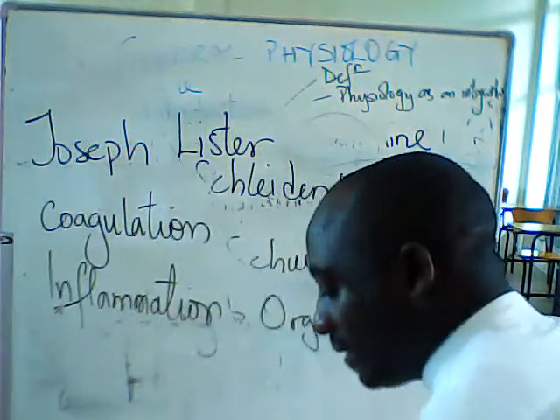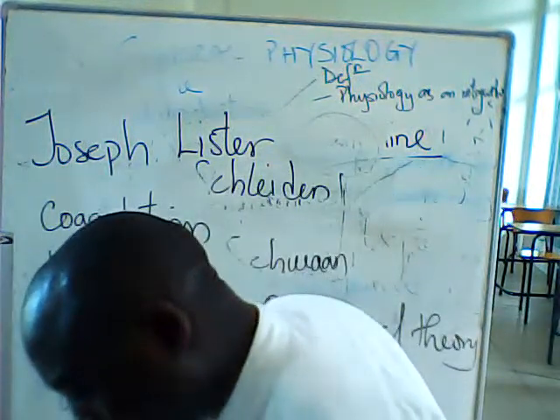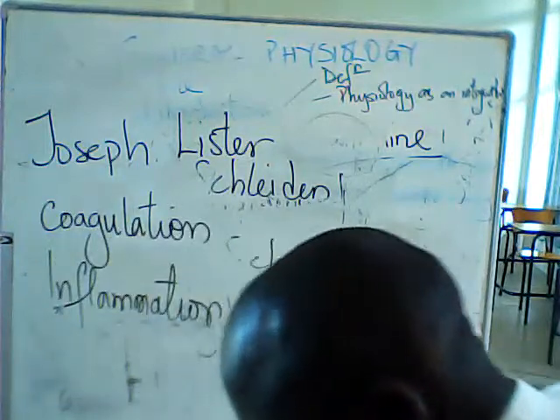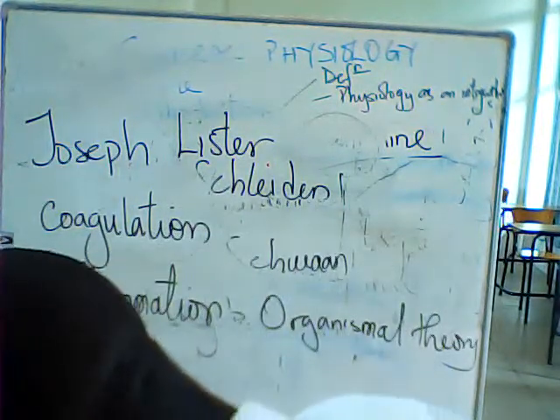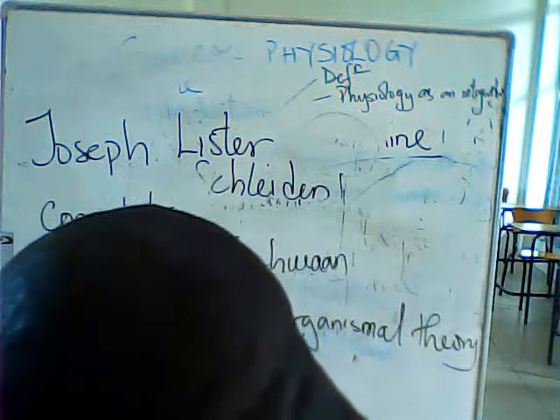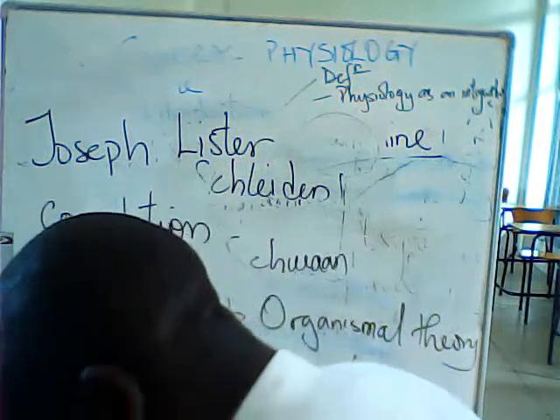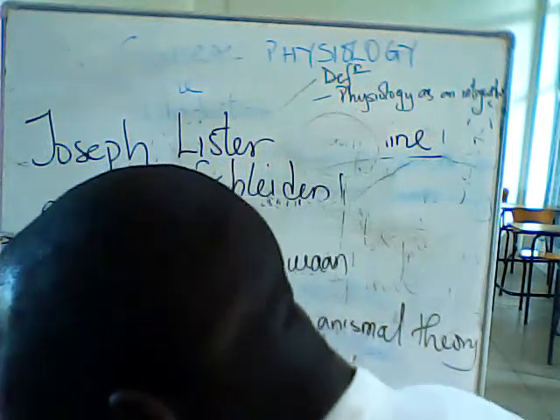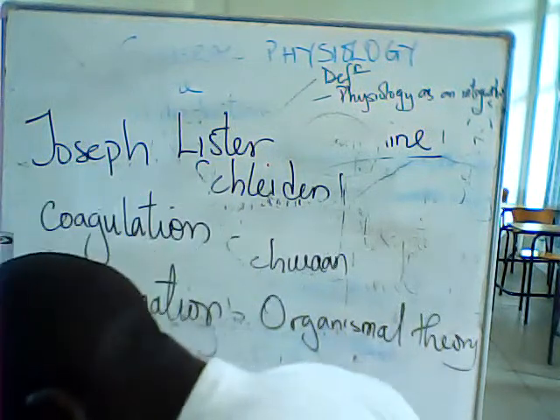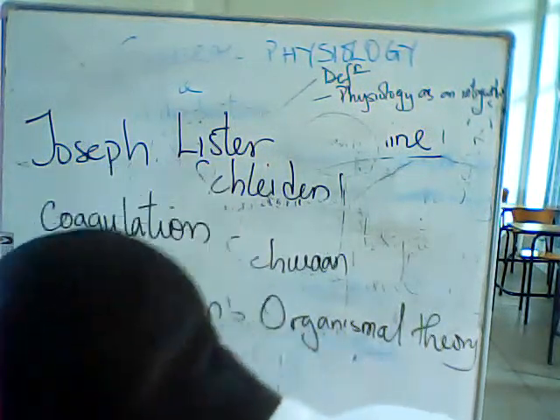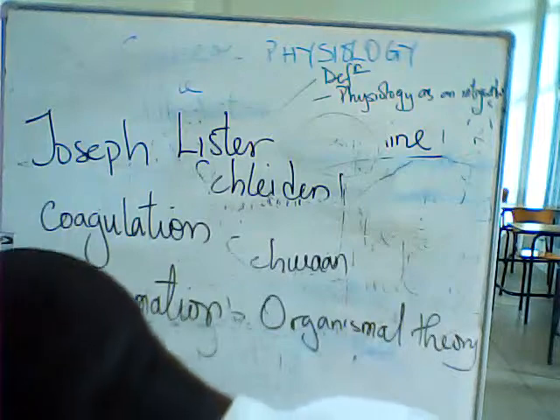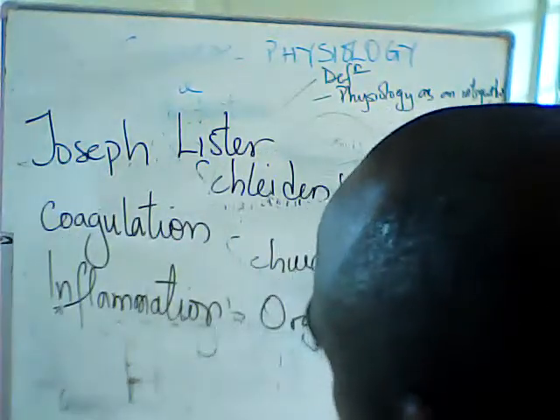So he went on to discover and utilize life-saving techniques that could help individuals. Okay, so he studied what? Coagulation and inflammation following injury. Okay, that's Joseph Lister.